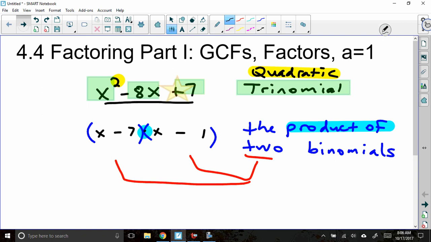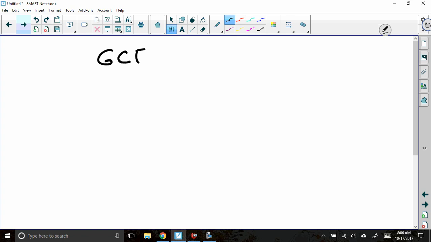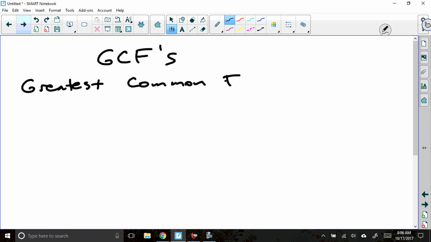So let's look at GCFs. We know that that's an acronym. It stands for greatest common factors. The reason we talk about GCFs is sometimes when we factor, we need to factor out or undistribute a greatest common factor.